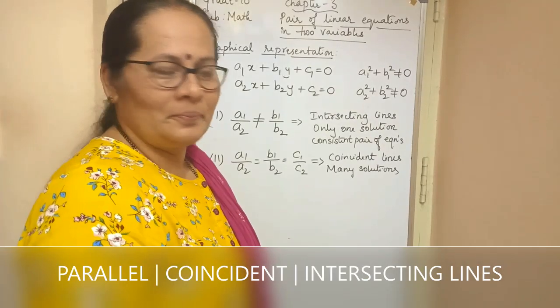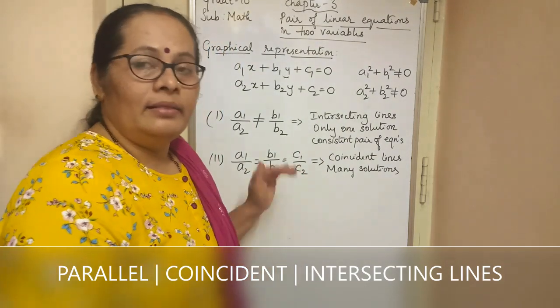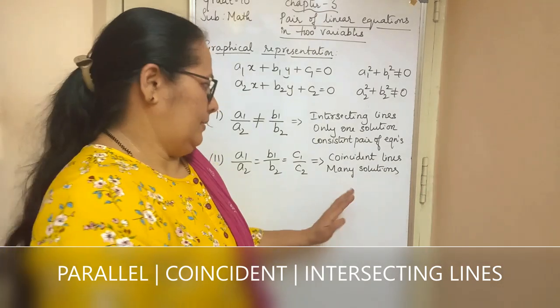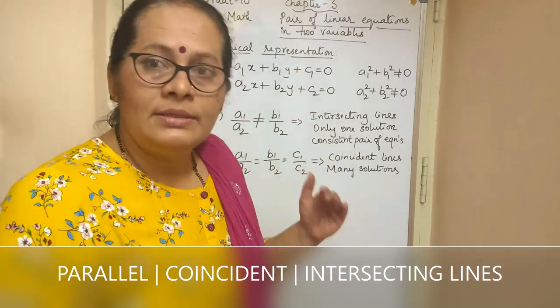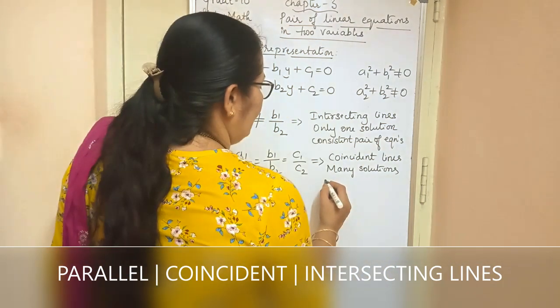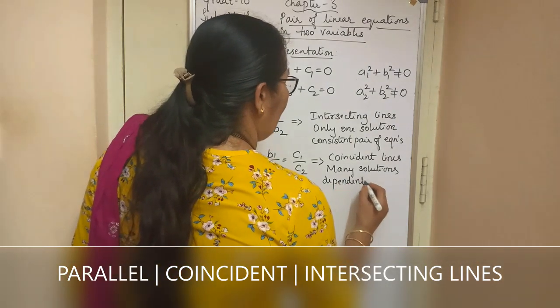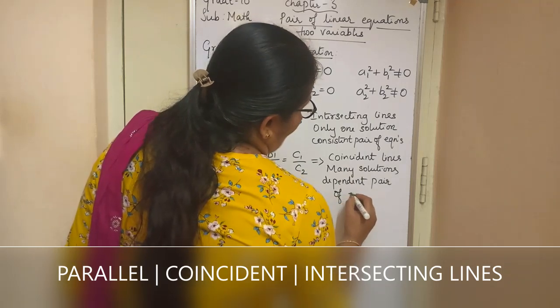For coincident lines, there are many solutions, and it is called a dependent pair of equations.